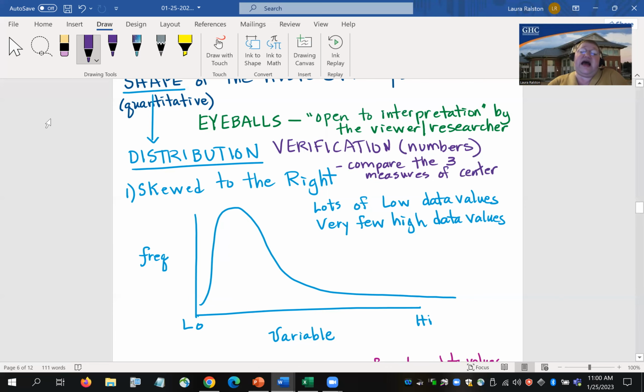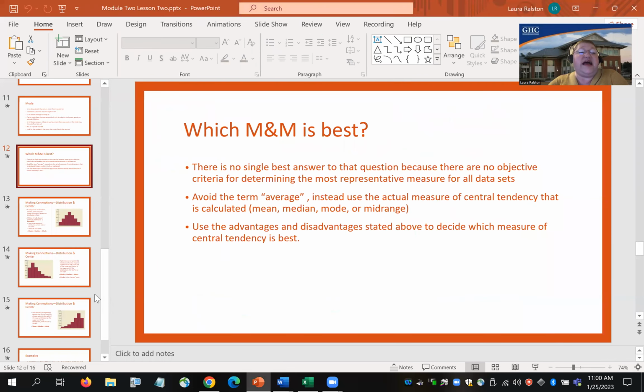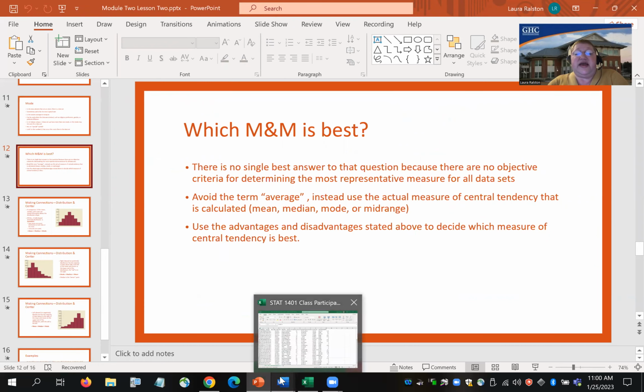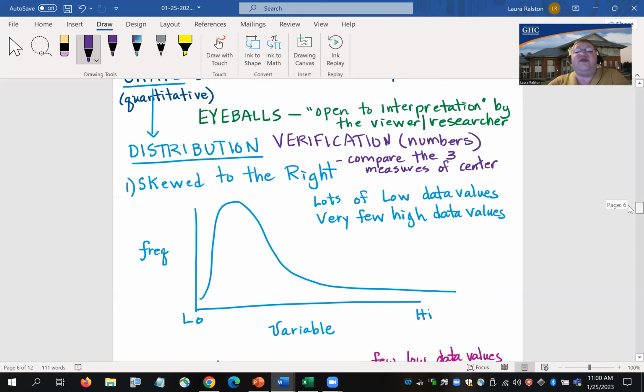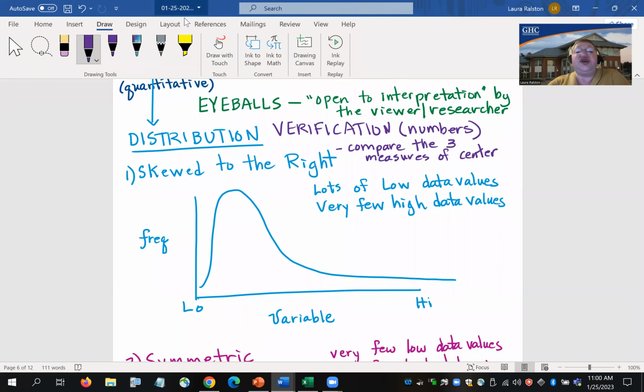Now, I have it on the PowerPoint, and I'll even tell you what slide numbers. It's slides 13, 14, and 15 for lesson 2. Okay, but I'm going to do it here on these graphs that we drew on Monday. If you're thinking about skewed to the right, we've noted that that means you have that big hump on the left-hand side.